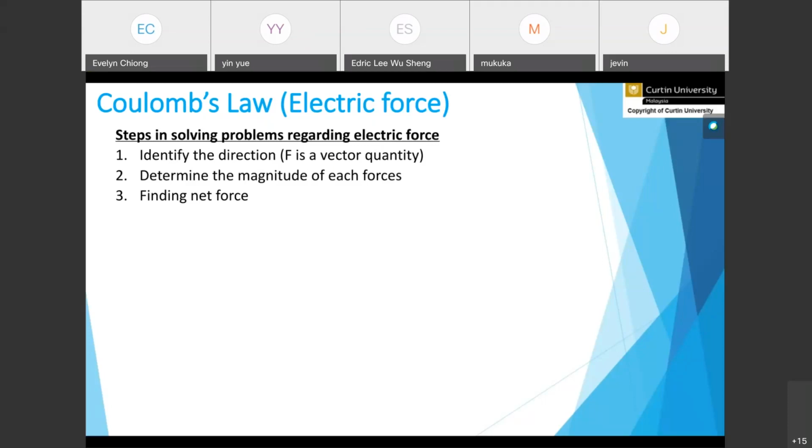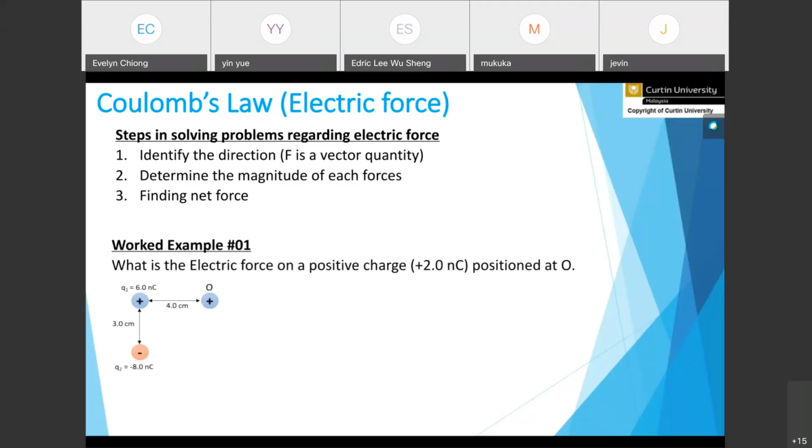Okay, so you look at the question here. The question is, what is the electric force on a positive charge? Positive, so you have a sign here. Two nano, small letter n here, this one is nano, yeah. So nano is times 10 to the power of -9.